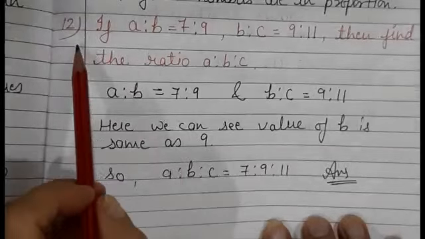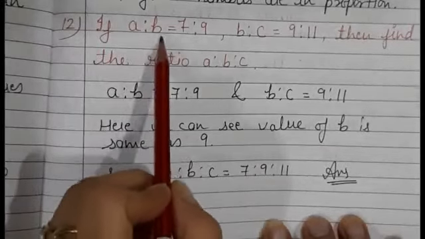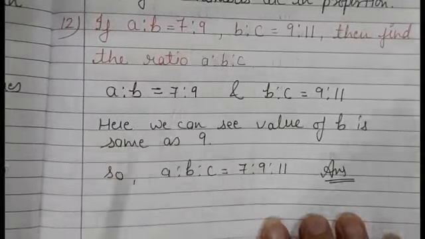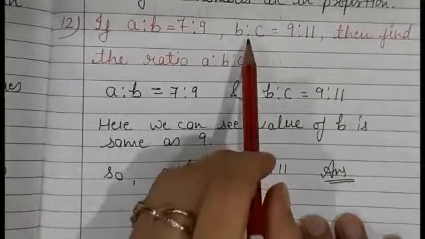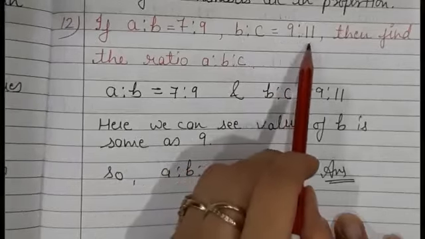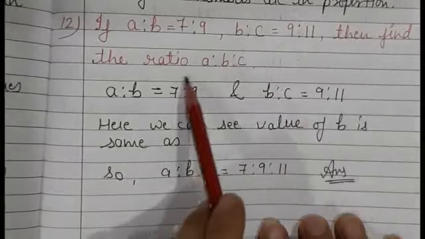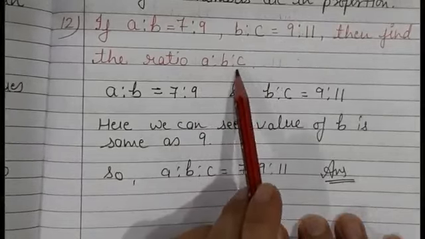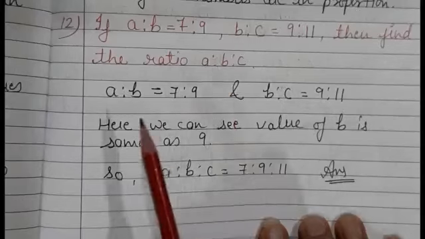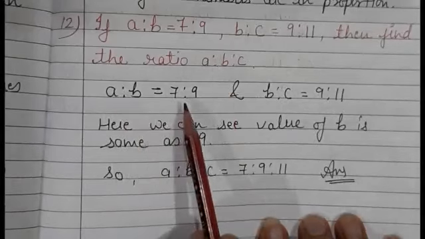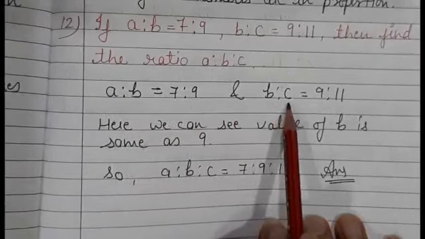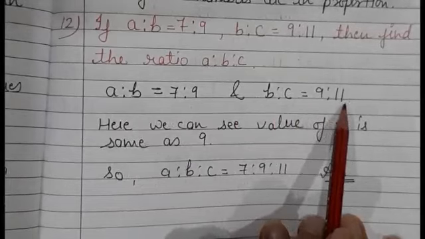Now sum number 12. If A is to B is 7 is to 9 and B is to C is 9 is to 11, then find the ratio A is to B is to C. So in that case, A is to B is 7 is to 9, B is to C is 9 is to 11.